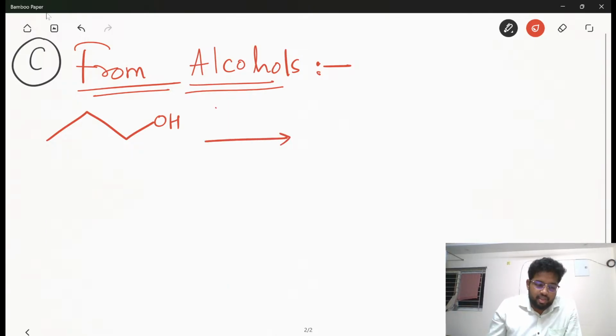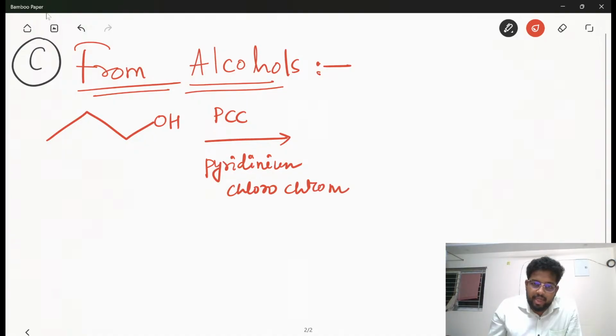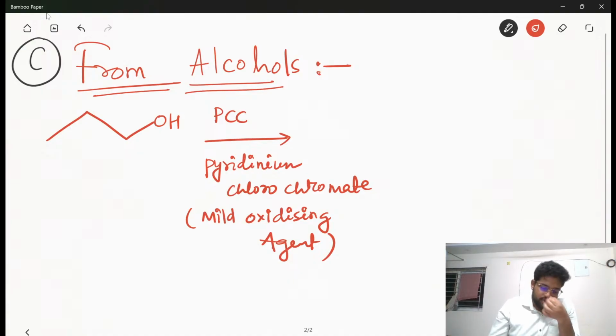Hopefully you have done. So if I treat with PCC, what is PCC? Pyridinium chlorochromate. Pyridinium chlorochromate is a mild oxidizing agent or strong oxidizing agent? No, sir, mild oxidizing agent. Sir, this mild oxidizing agent should react with what?